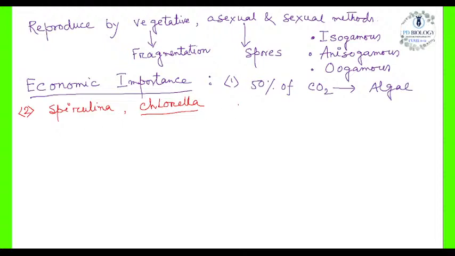Spirulina and Chlorella are used as food supplements. In space also. Yes, Ankita, you are right. It is used in food for the astronauts. So food supplement in space also.